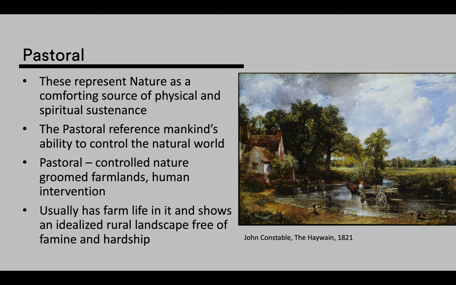It's basically a reference to mankind's ability to control the natural world. The natural world in a pastoral landscape is under control, and it's full of abundance. Usually in these you've got cows, and the people in it are normally farmhands or milkmaids, and everybody in these landscapes is living an idealized life.